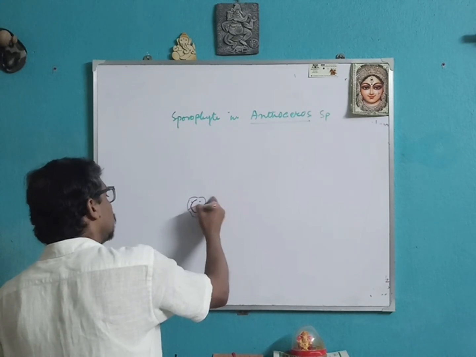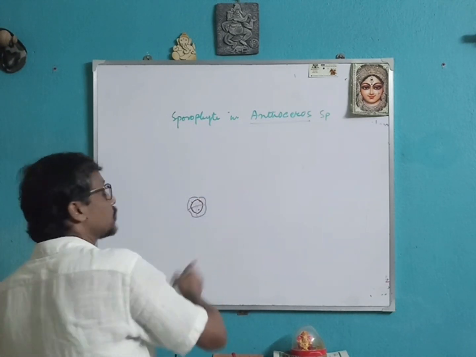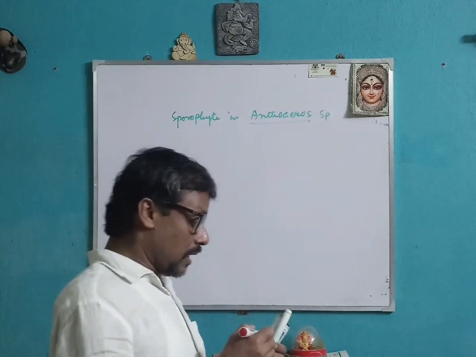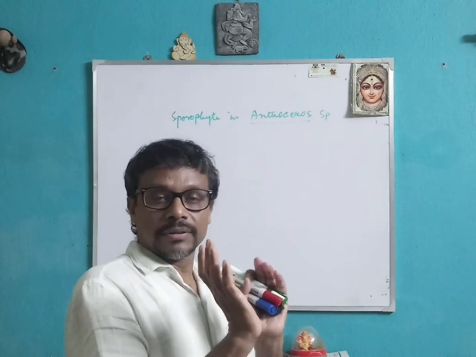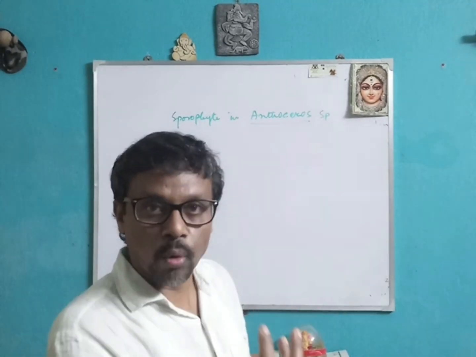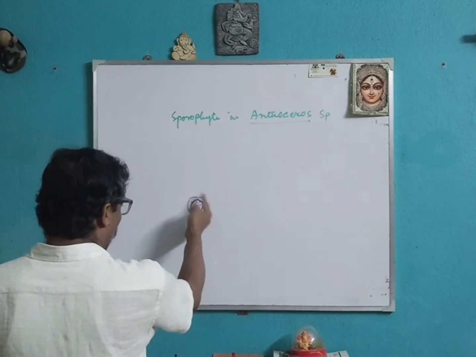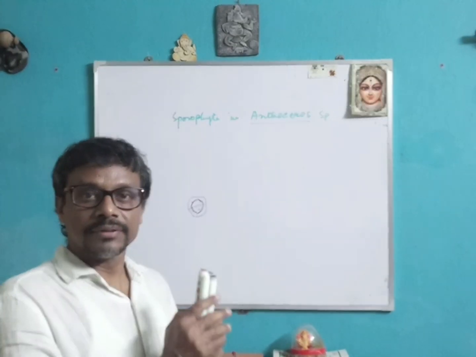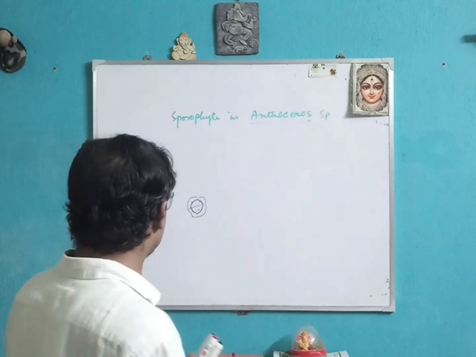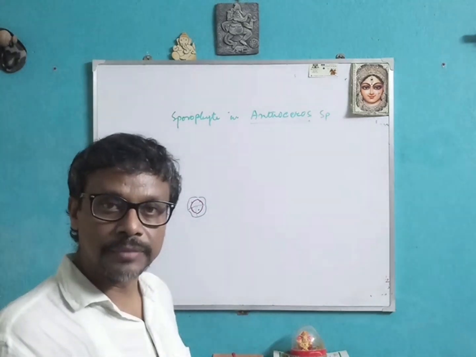I told you earlier in the class, periclinal division takes place in such a plane that a round structure gets the outer layer separated from the inner core. So ultimately the octant structure also gets separated into two different zones, the outer amphithecium and the inner endothecium.